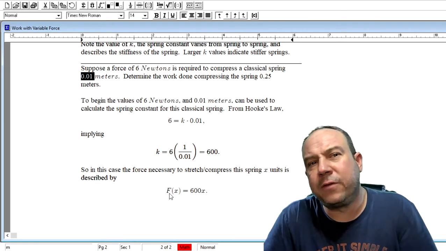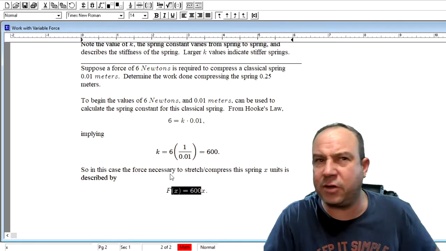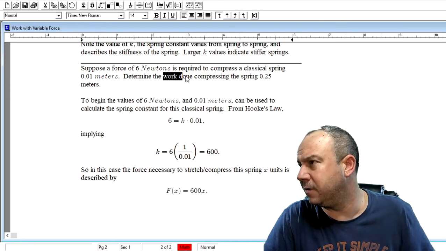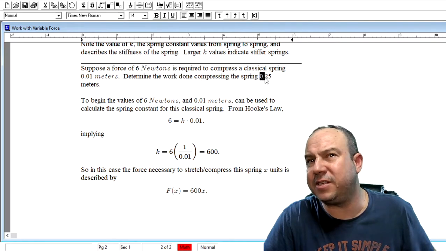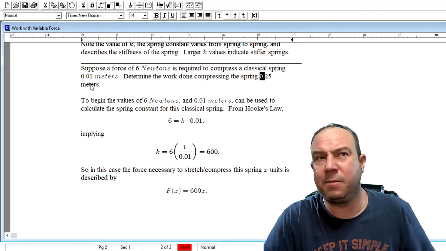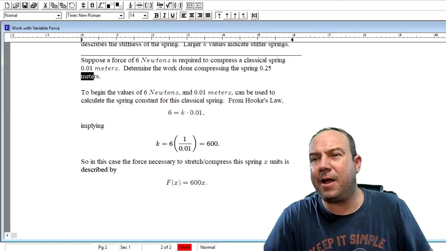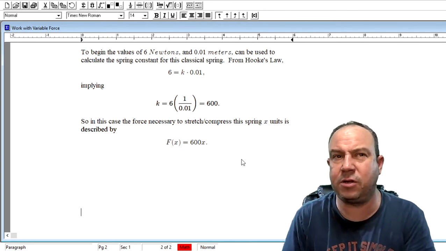All right. So if that's the force function, I can use the force function to calculate this value for work to compress it 0.25 meters, right? I'm going to integrate over the interval from 0 to 0.25.